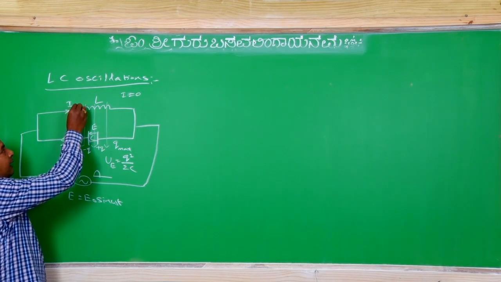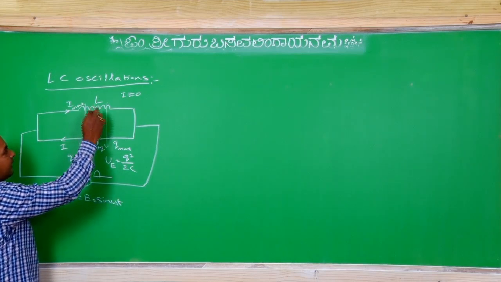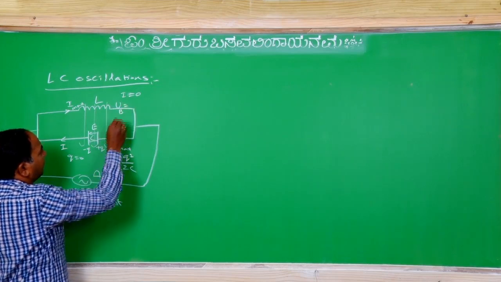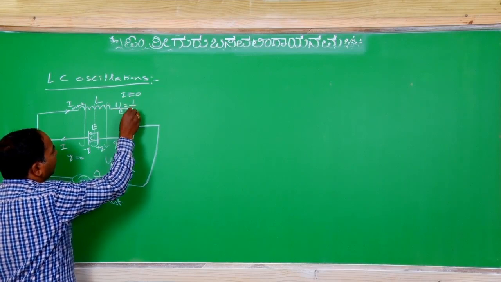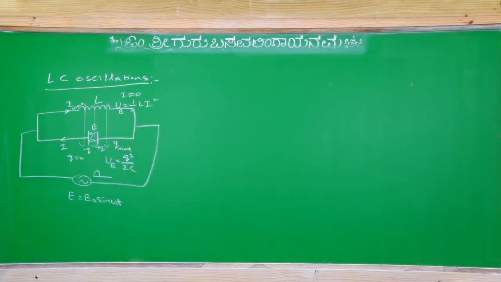At that time the current becomes maximum. At that moment in the inductor, the energy due to the magnetic field is given by half L I square. So this energy is stored in the inductor.